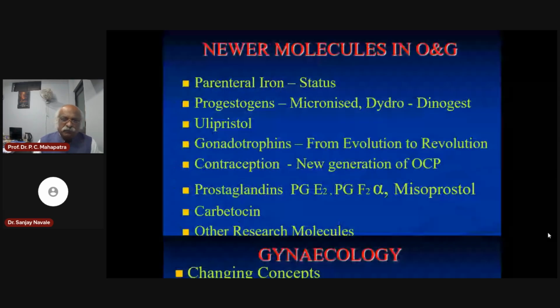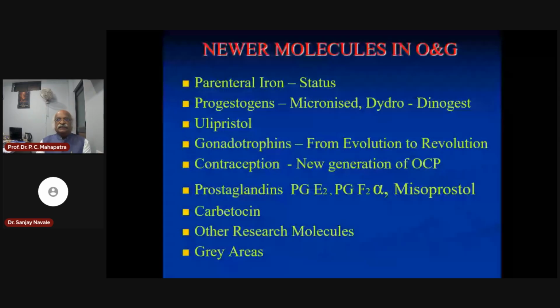Some research molecules could be there for myoma, and for many gynecological ailments, and that will come out in the coming days and months. And there are some gray areas where it is necessary, particularly in obesity, where we want an anti-obesity molecule, as in many cases this is really a problem for the adolescent, for reproduction, for everything.